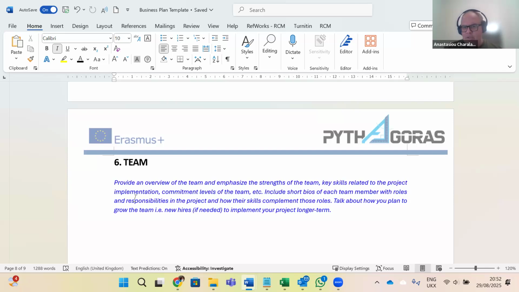This is a very important section because this is one of the first things that investors look at. It's the executive summary and the team, because they want to see whether this is a capable team or not. So here you want to show that you have the key skills in place to carry on this project. Typically, very short bios, maybe some roles and responsibilities.